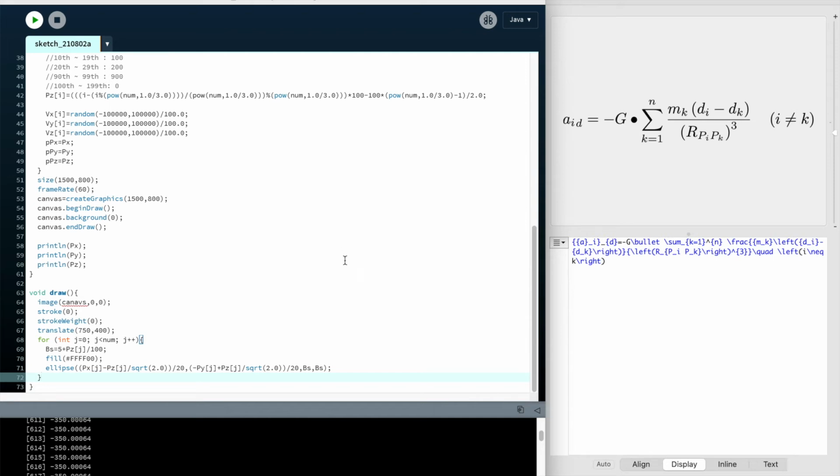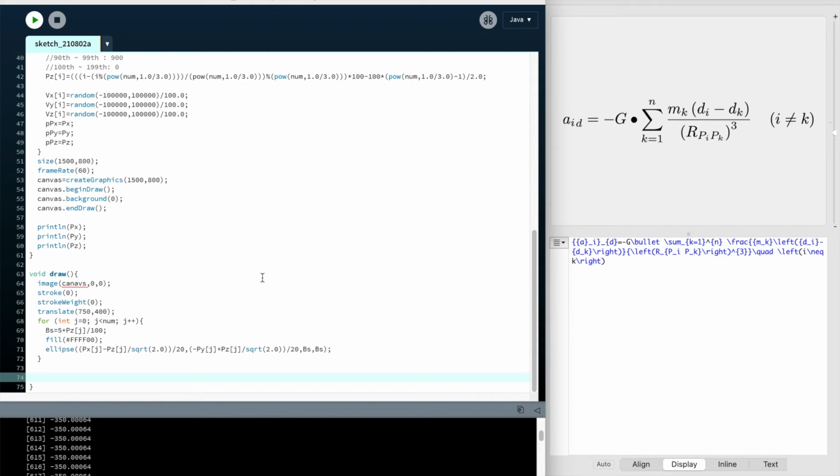Now it's the end of this for loop, and then we make another for loop that finally calculates our acceleration using this equation. So for int, like j, let's use k, k larger than none, and k plus plus.